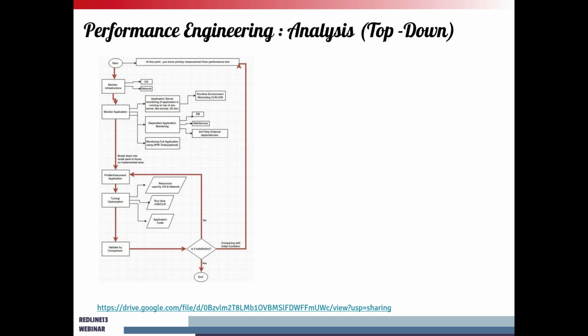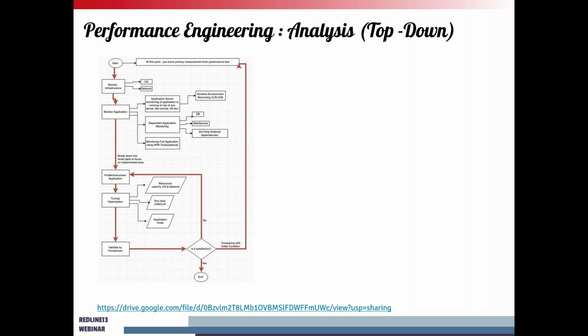So you can see I start from the beginning. At this point, you know the measurements from the performance test. So you start by monitoring your infrastructure, operating system and network infrastructure. Then you get into monitoring the application. This application means your application running on some individual host or any application server.